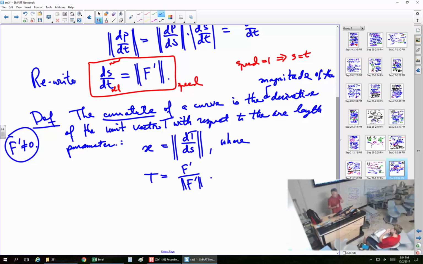But now the tricky part is that we are differentiating with respect to the arc length parameter. Okay, so not the same parameter. F is a function of t. F prime is a function of t. T is a function of t, but we differentiate with respect to s, the arc length parameter. If we don't, the result just won't be right.